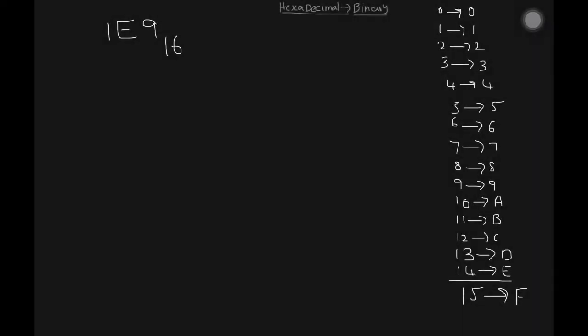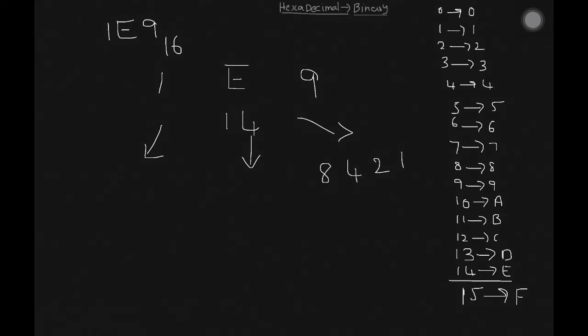Okay. Now I'm going to show you how to convert from hexadecimal to binary. E means 14. 1, 2, 4, 8. 1, 2, 4, 8. 1, 2, 4, 8. Why am I writing here 1, 2, 4, 8? Because one byte consists of 8 bits.